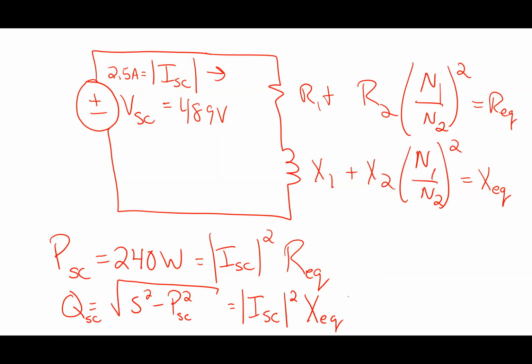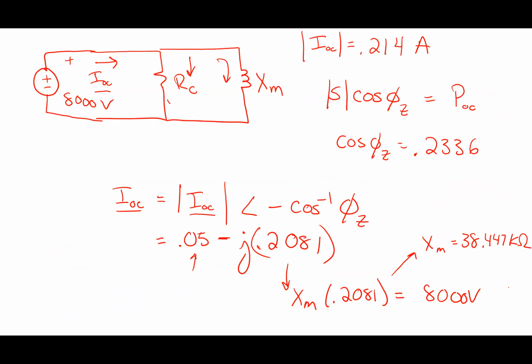Now, when I go through this, I get totally different resistances. I get REQ is equal to 38.4 ohms, and XEQ works out to be 192 ohms. These are orders of magnitude smaller than what I just said for the other parameters.